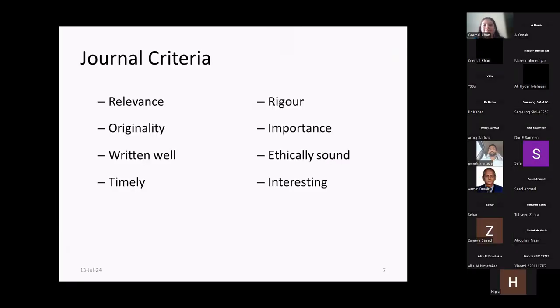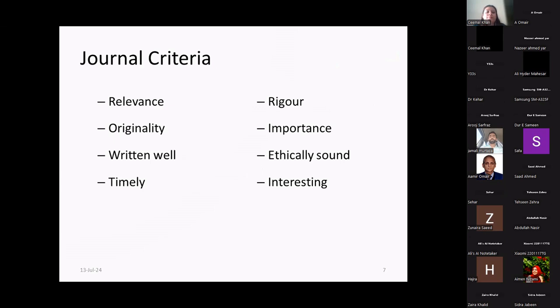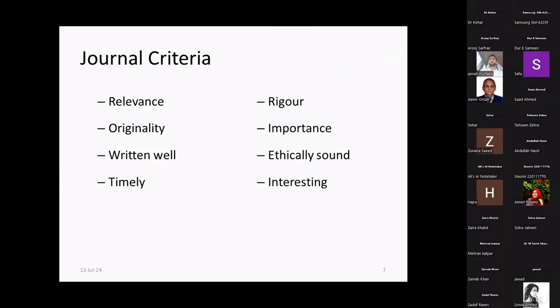These are just basically the journal criteria that they look at in terms of reviewing the article: the relevance to the journal, whether it's original, written well, right?